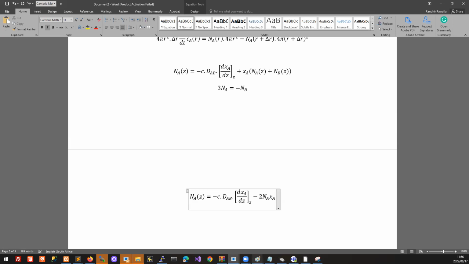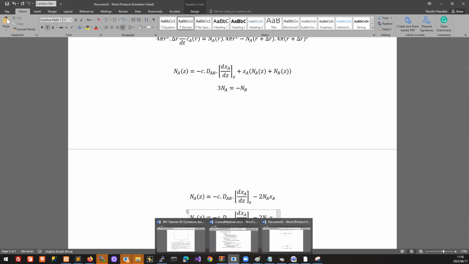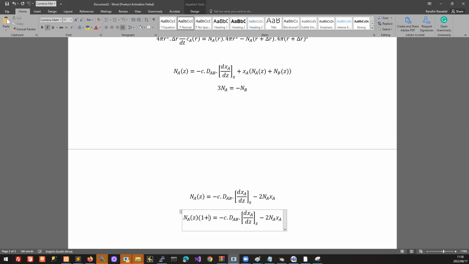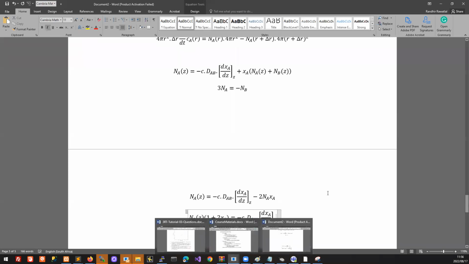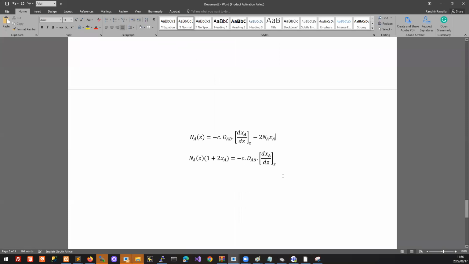So that's there. And then we can just take that across to the other side and write this as NA (1 plus 2 XA). Okay, and that's our equation.